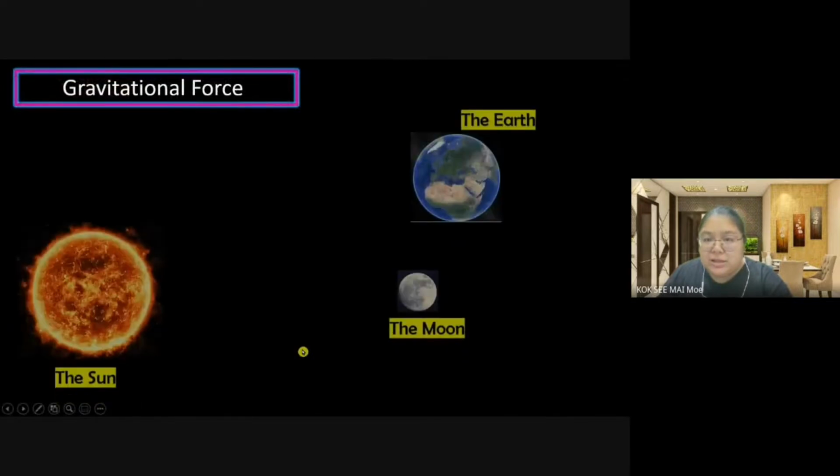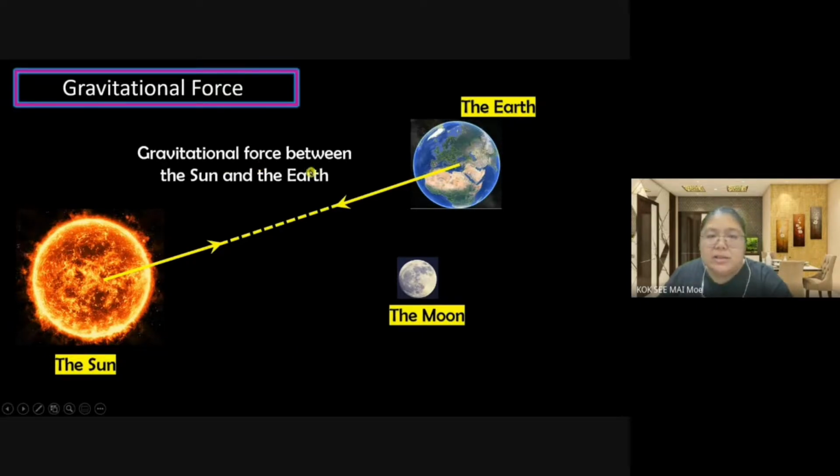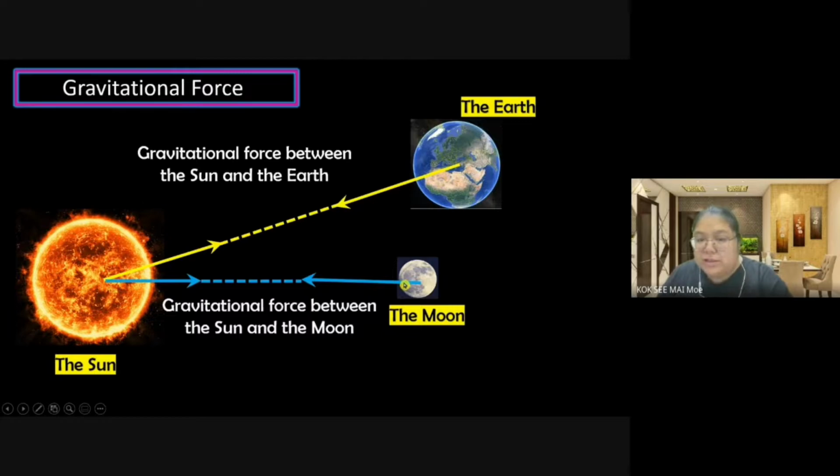Gravitational force. We're talking about the sun and the earth. So gravitational force between the sun and the earth, both pull each other. The moon and the sun also have gravitational force. And the last one, the moon and the earth also have gravitational force.